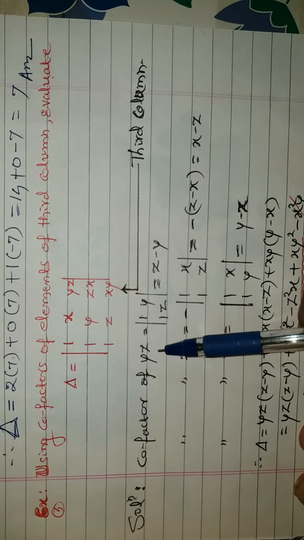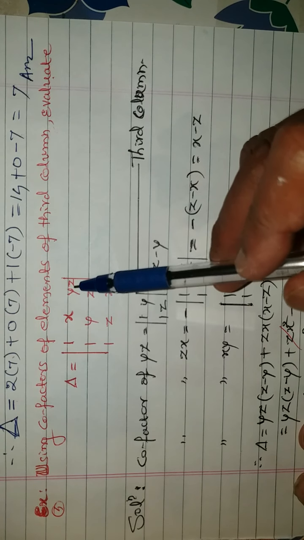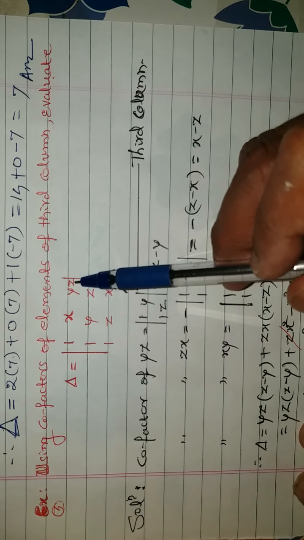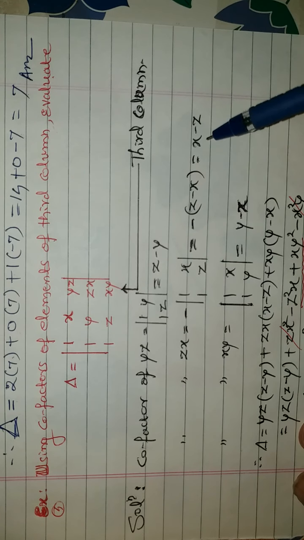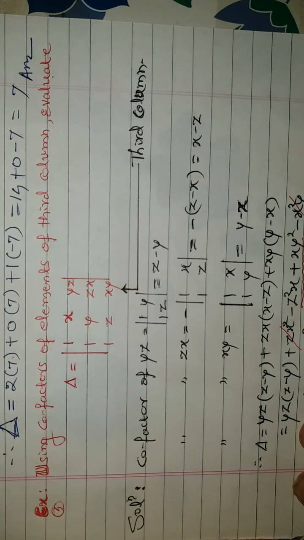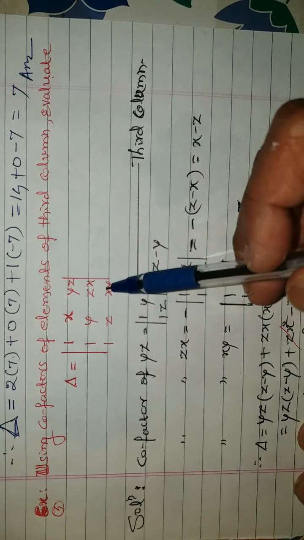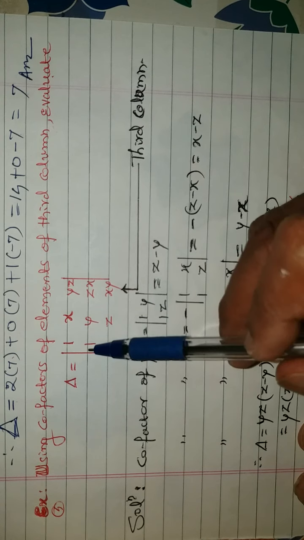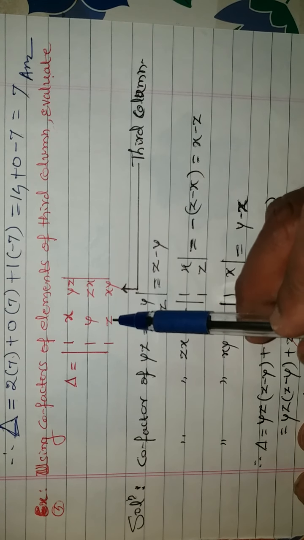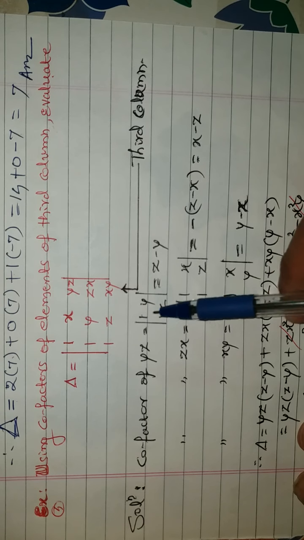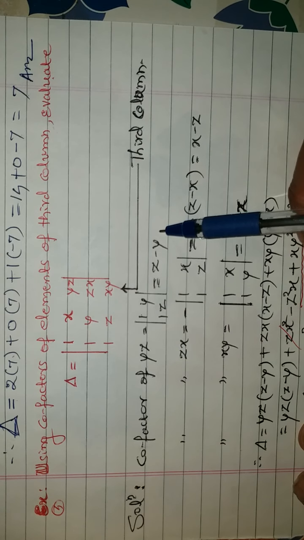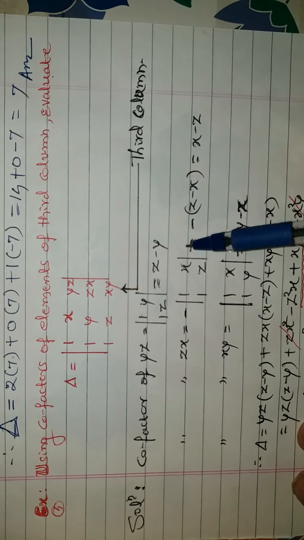Then the cofactor of yz, according to the formula, the cofactor with corresponding sign by the rule: you leave this row, this column, and the remaining elements are 1 y, 1 z. Then cross multiply, z minus y is the result. The cofactor of yz is z minus y.